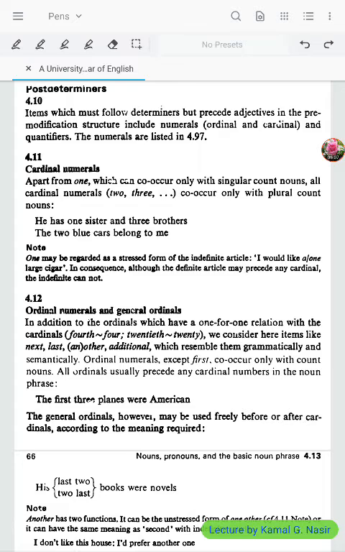Ordinals or ordinal numbers and general ordinals, for example, first, second, fourth, and so on. So what do you say? You say the first 3 planes were American. Where is the head noun now? The head noun is planes. Okay? Good. The is a determiner.